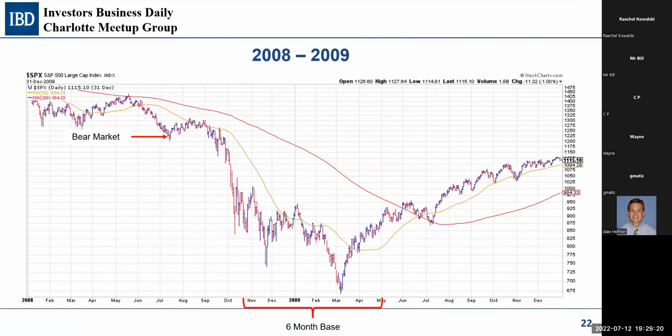And let me point out as well that on these charts, we're looking at the yellow line, which is the 50-day, and the red line is the 200-day. So from a shorter term perspective, we might look at the 10-day crossing the 21-day EMA, and the 21-day crossing the 50-day, and the 50-day crossing the 200-day, and so forth.